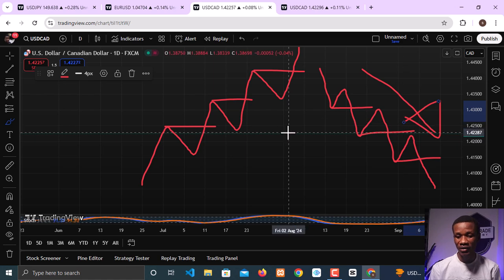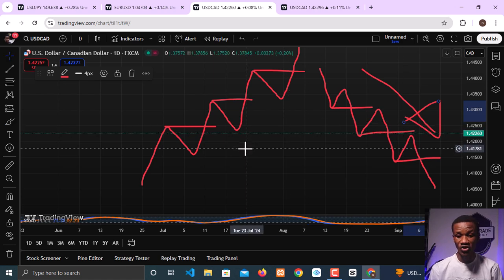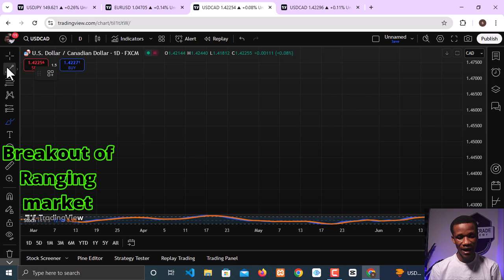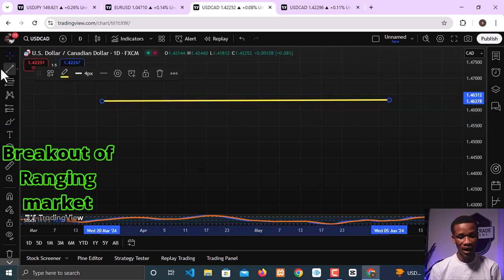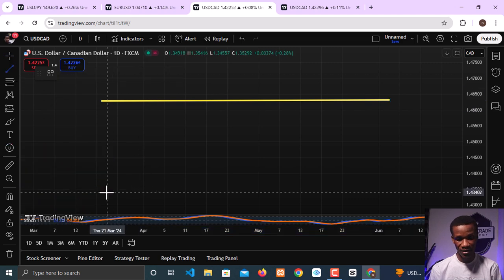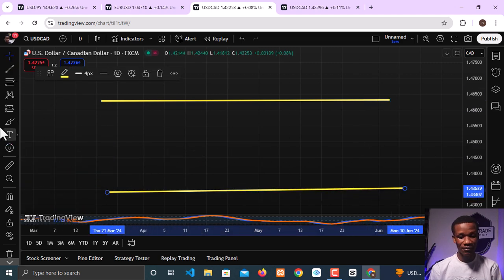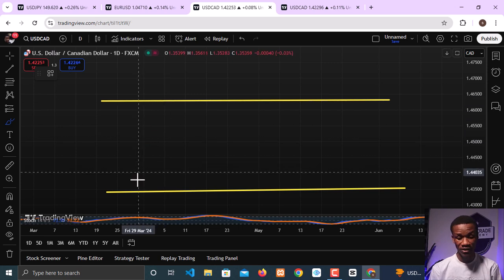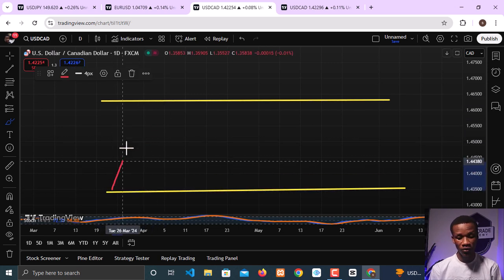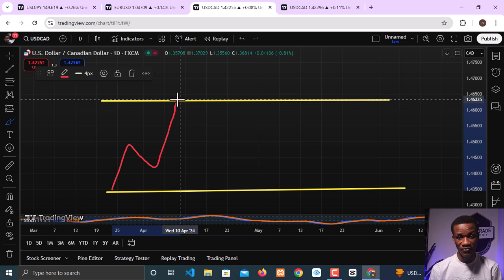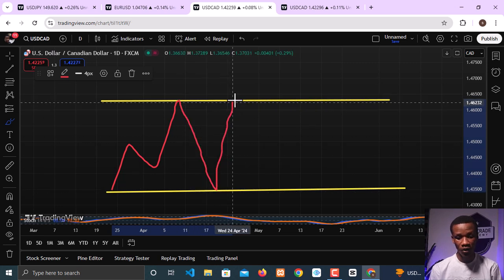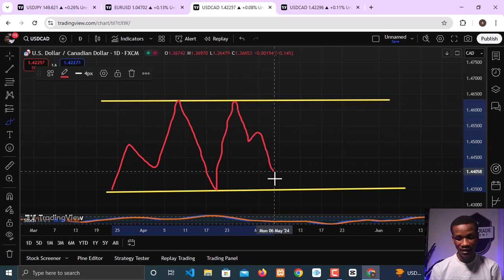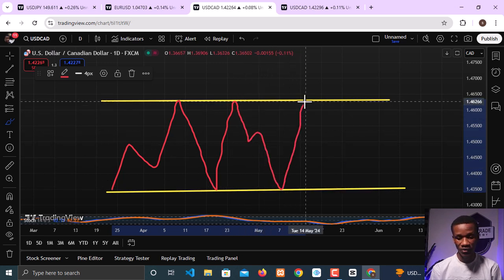The second type of breakout you need to pay attention to in the market: if markets have a horizontal boundary, let's say for example in this very case, and we have another horizontal boundary around this very area right here, and market has been moving between this horizontal boundary. Let's say for example, market move upward, come back to this very point of resistance, move back to support, move back up to resistance, and then come back down again, hit support, move back to resistance.